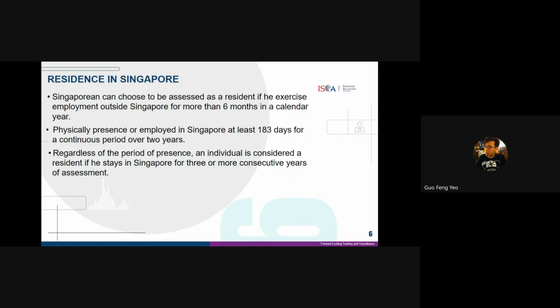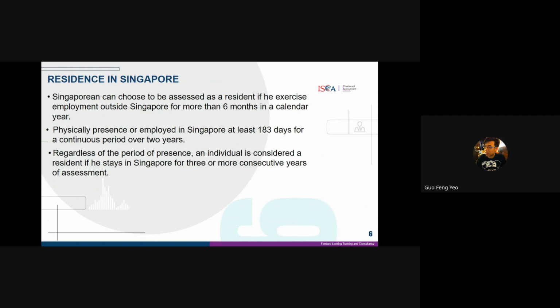Food for thought. Why would an individual, such as a Singaporean, like to be deemed as a non-resident for tax purposes? This is because in other countries such as the US, they have a global income tax regime.